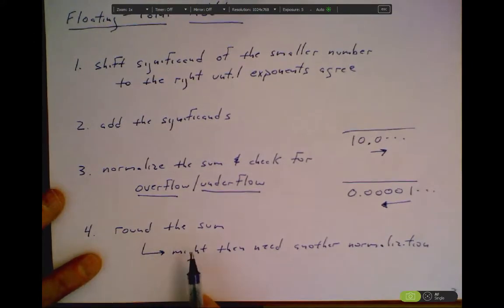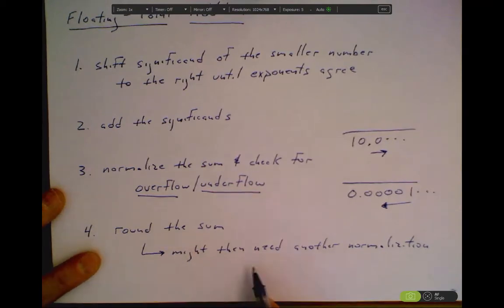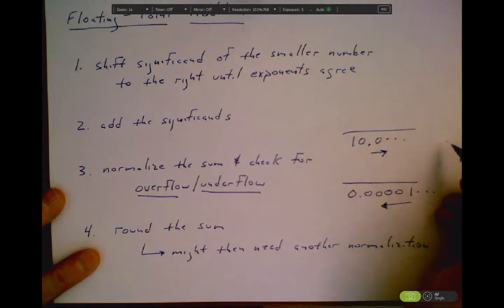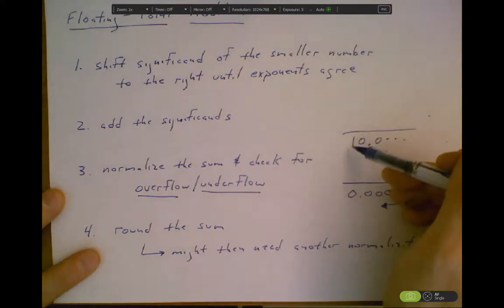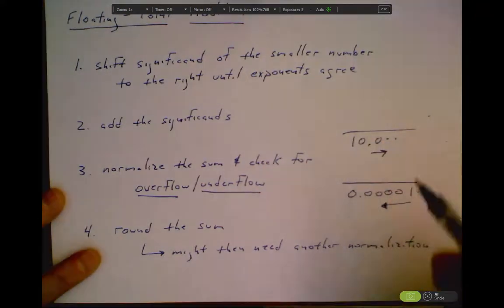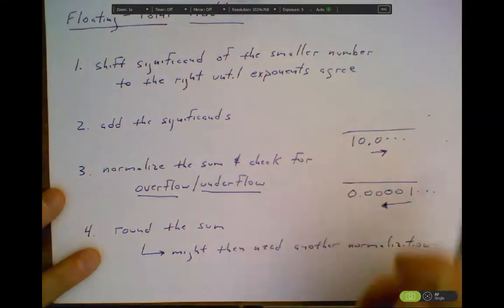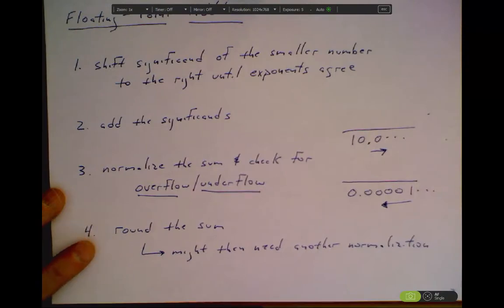Again, though, if I do need to round, I do need to add 1 to that lowest bit position, then that might cause me to need to do another normalization, because I could end up in this scenario again where I have a 1 being added way off to the right down here, and I get a ripple effect all the way across and a carry out to the left, which results in 2 digits to the left of the radix point, which is not normalized, so I need to normalize it by bringing it back to the right again.